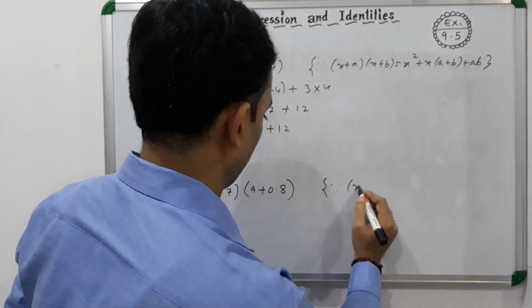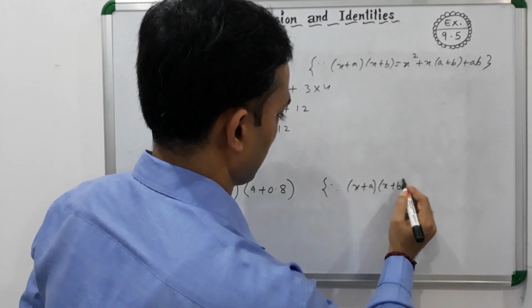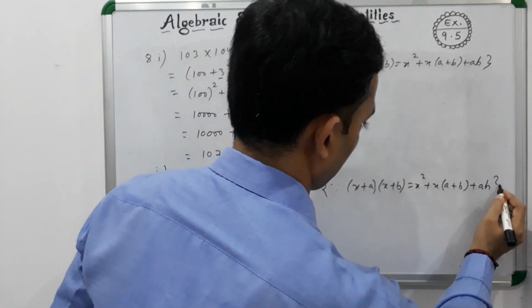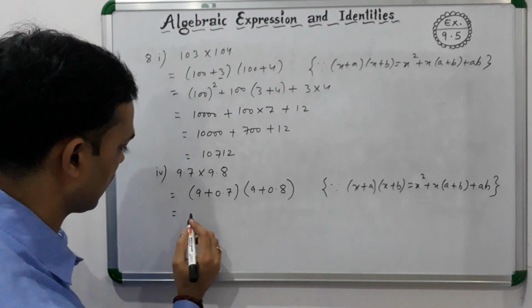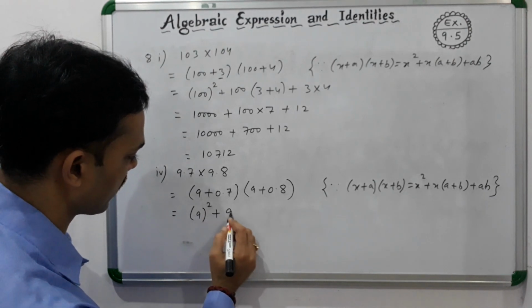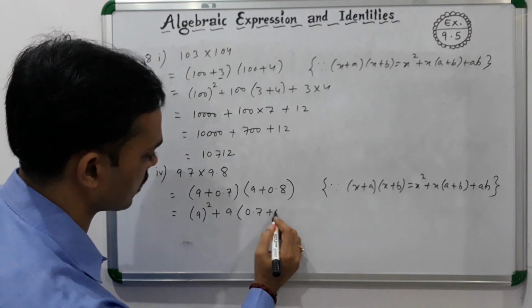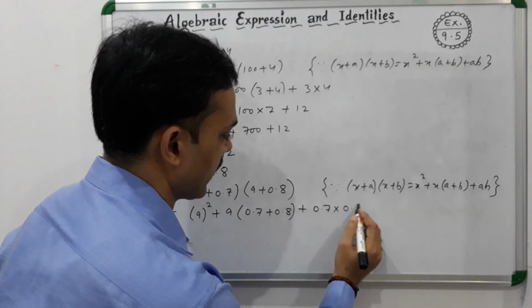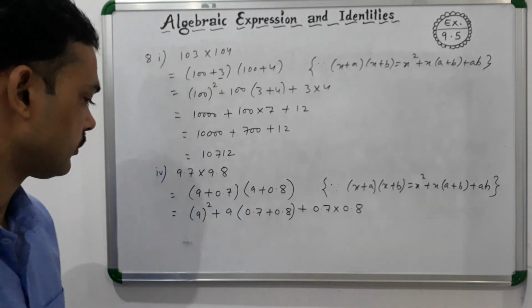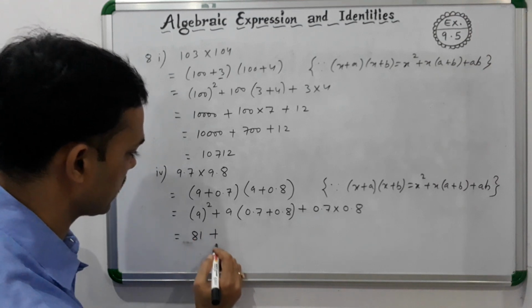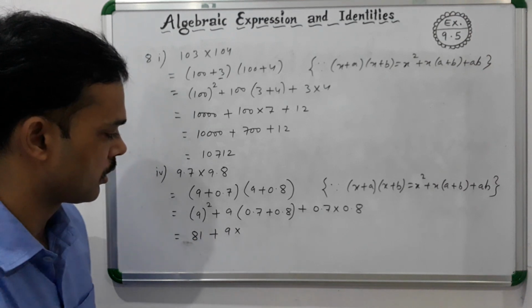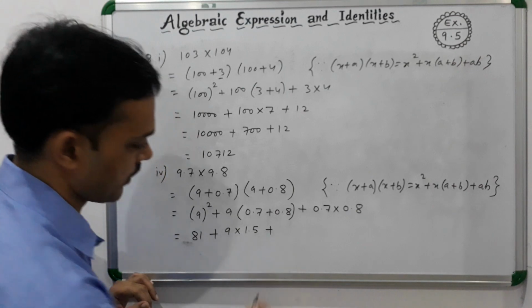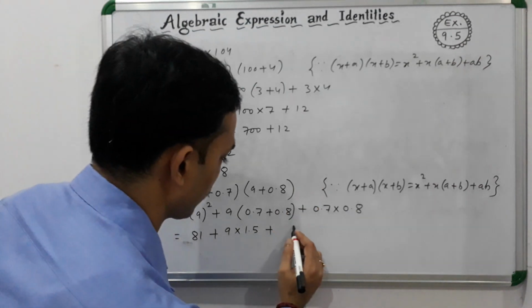Since x plus A into x plus B equals x square plus x in bracket A plus B plus AB, in place of x we have 9, so 9 square plus 9 in bracket 0.7 plus 0.8, plus 0.7 into 0.8, because it is A into B. 9 square will be 81 plus 9 into 0.7 plus 0.8, which is 1.5, plus 7 into 8 is 56.